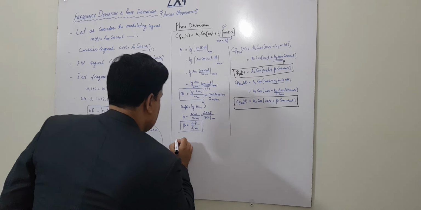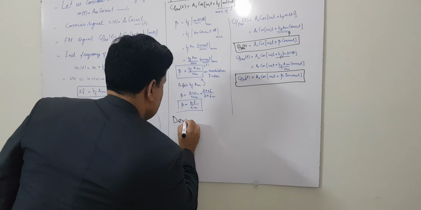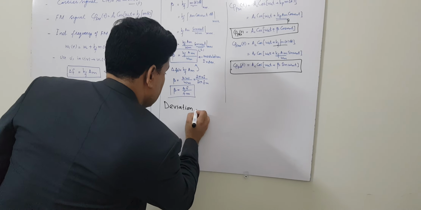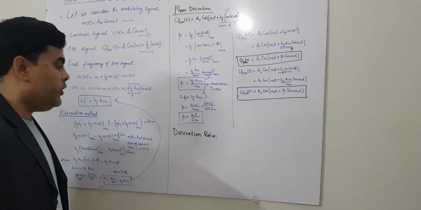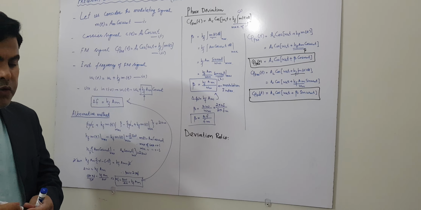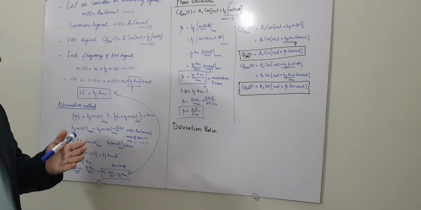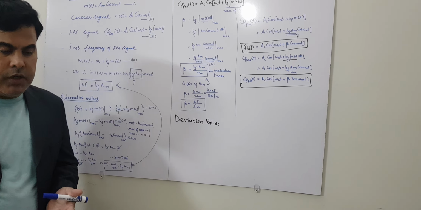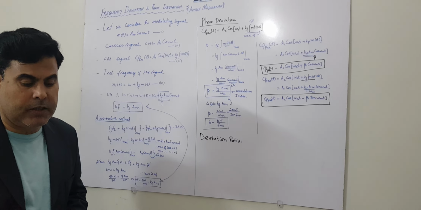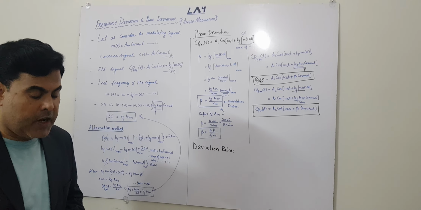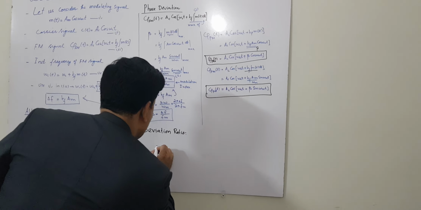From the term ratio, it means that it is a ratio of one quantity to the other quantity. So the deviation ratio can be defined as the maximum deviation to the maximum modulation frequency.